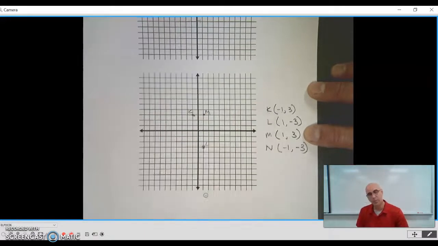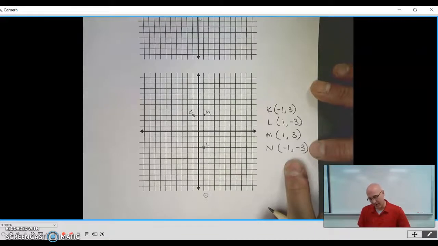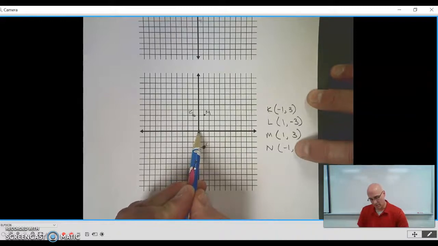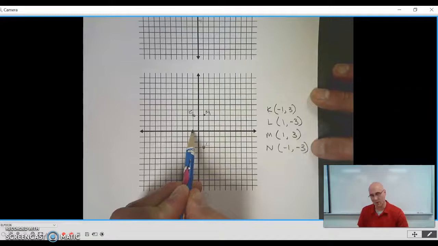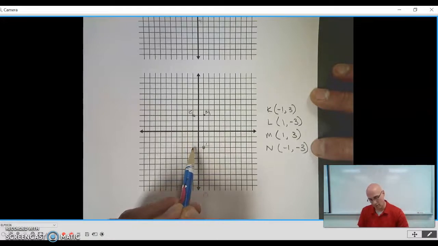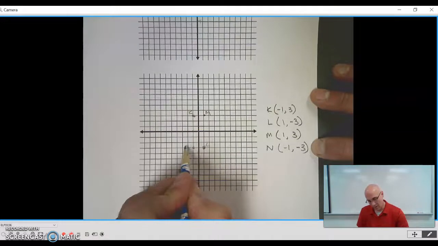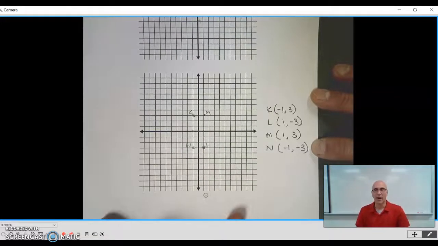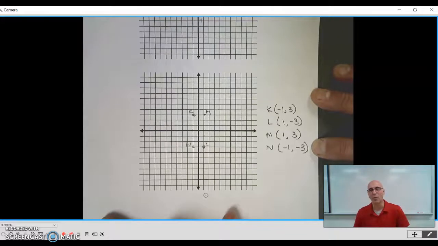And then finally, point N. We're going to go negative 1, negative 3. So we start at the origin. First coordinate is x, so we go negative 1, and then we go negative 3. 1, 2, 3. So there is point N. We are going to do a lot of practicing on plotting points on the coordinate plane.